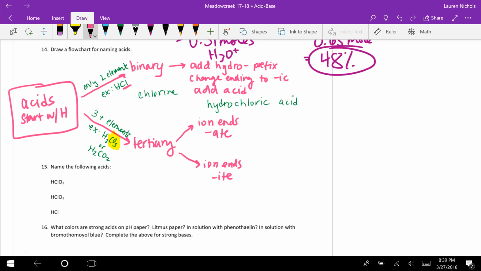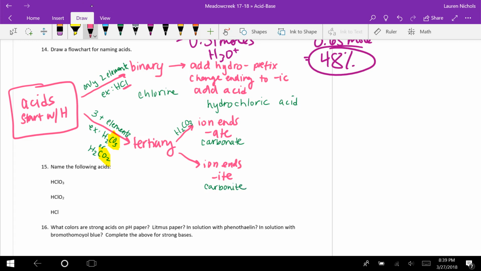Well, CO3 is carbonate. So H2CO3 is going to be in that category because it's carbonate. Whereas CO2 right there, well, that is carbonite. And so it belongs in this category.